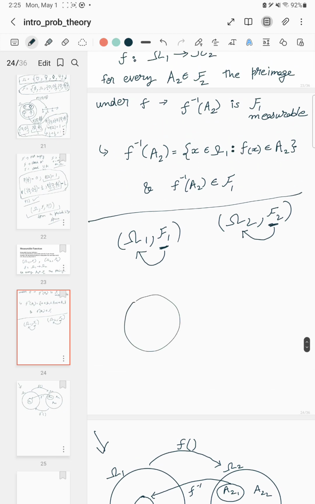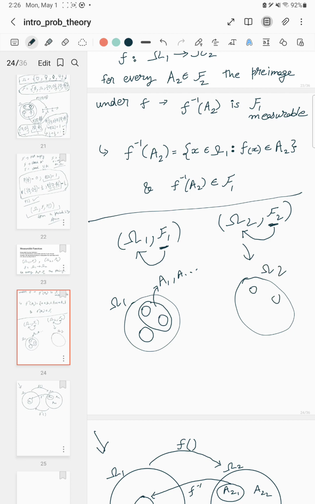Let's say we have omega 1 here, and we have some sets present in our F1, elements of F1, A1, A2, something like that. Similarly, we can define a sample space omega 2, and inside it we can define the subsets, and this can be F2. So now we have two measurable spaces.